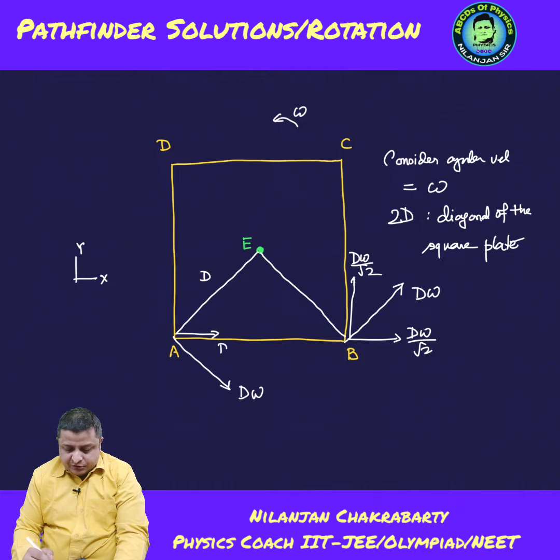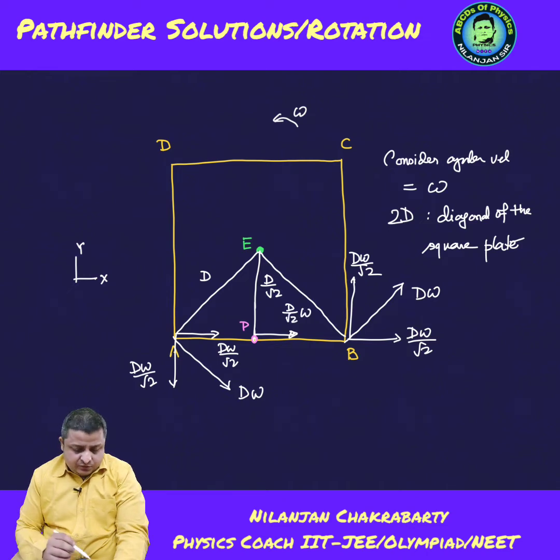That's also d omega by root 2 downward, and this side is also d by root 2. So this, say, midpoint P, and we have to ultimately find the velocity of this point P, midpoint of the side AB. That is also in this x axis, d by root 2 omega.